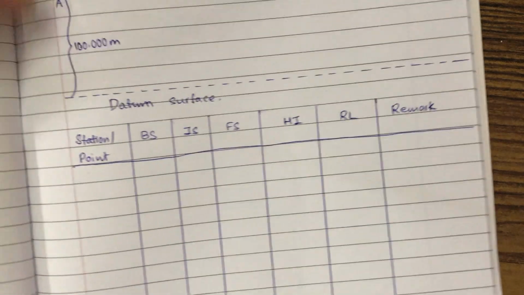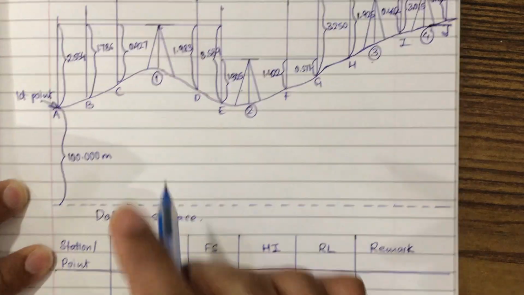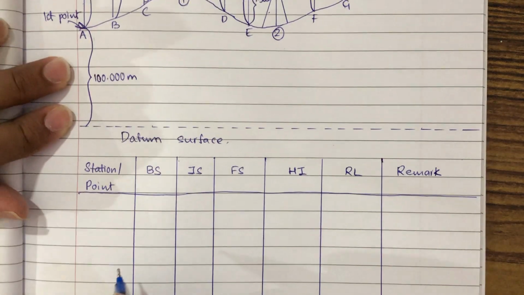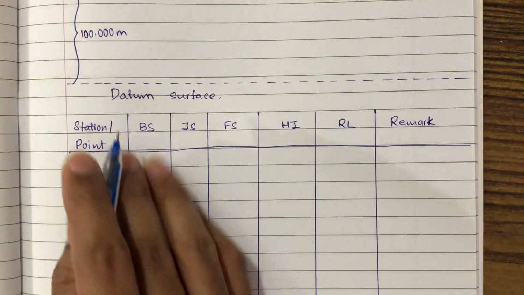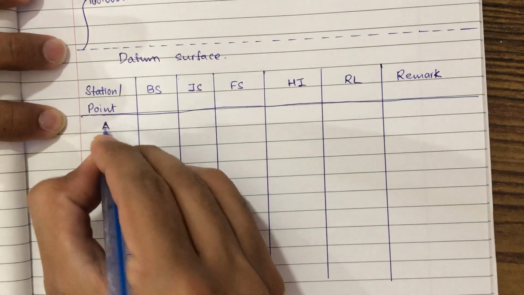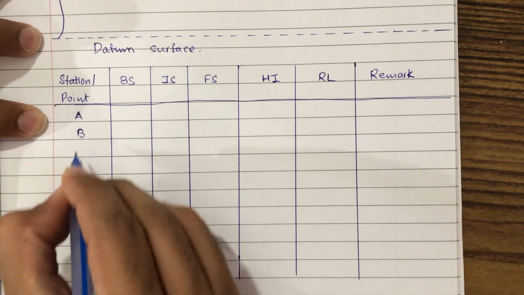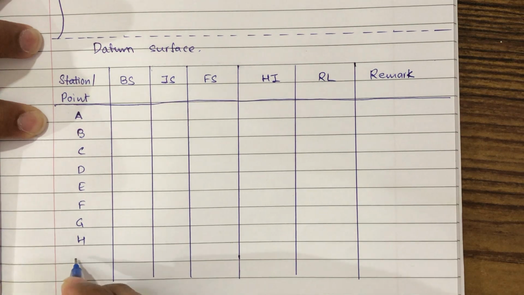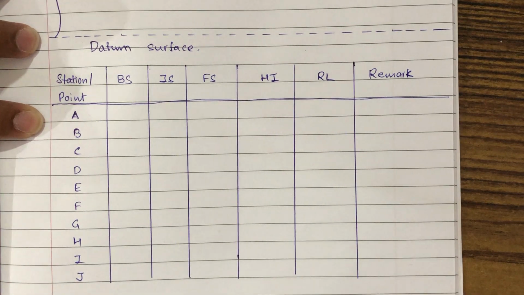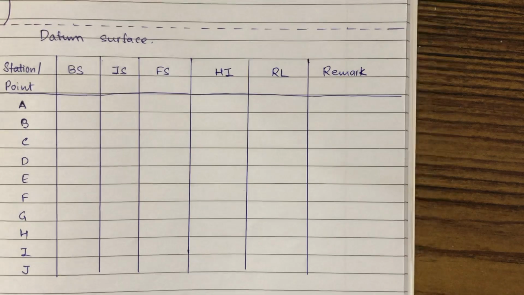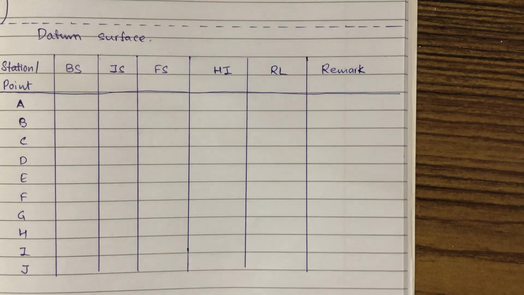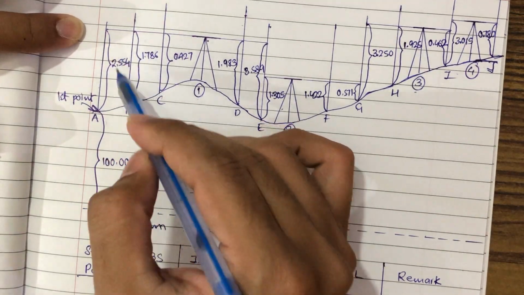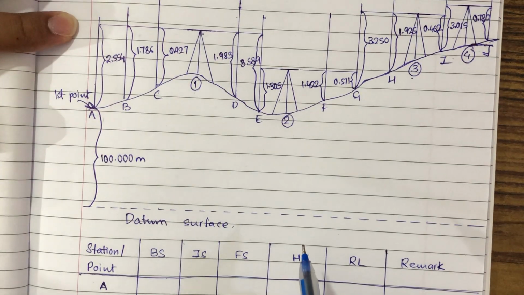Now here, the station points that we took were A, B, C, D, E, F, G, H, I, J. So we will write these points as they are. Now here we know that the first reading will always be the backsight reading.